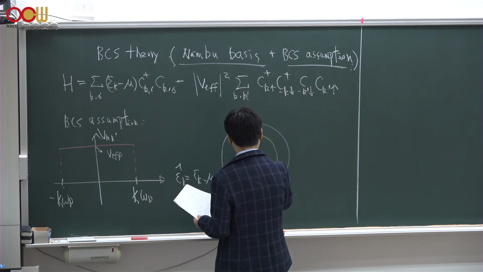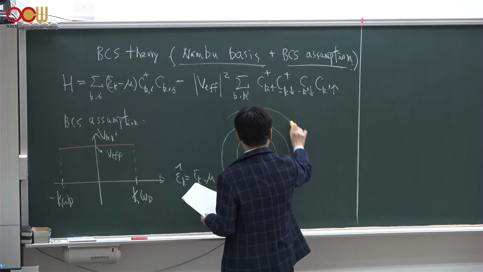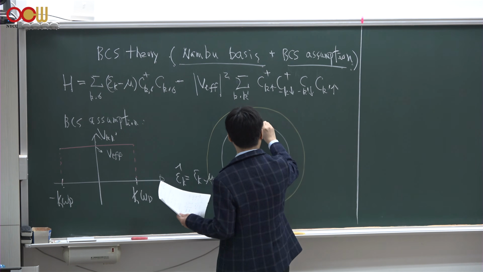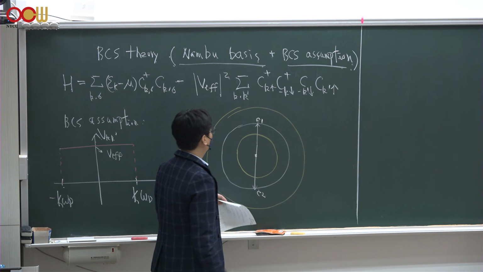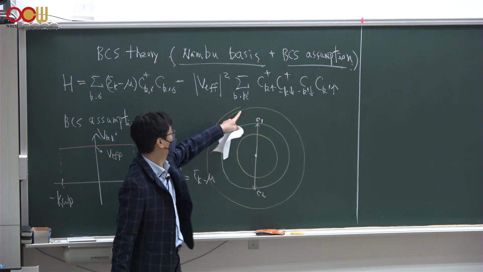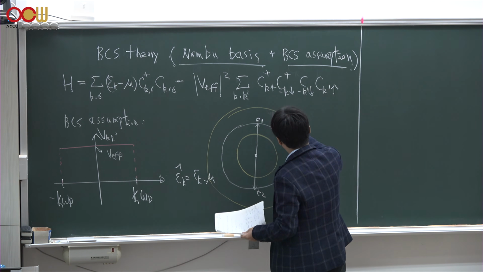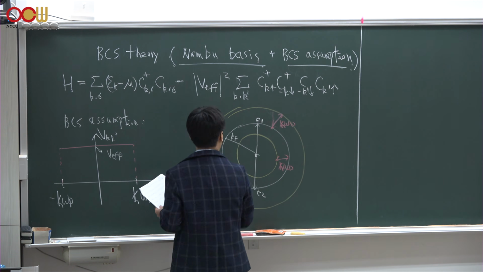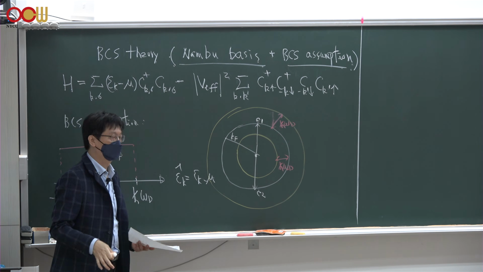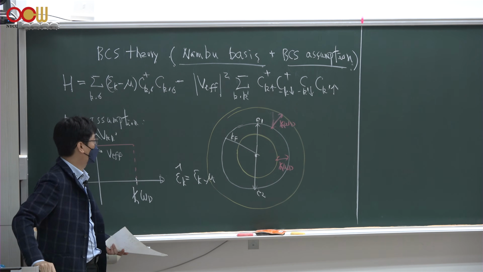So this is the inner shell and this is the outer shell. All the electrons that stay within the range of plus minus ħω_D relative to the Fermi level could interact via electron-phonon coupling.